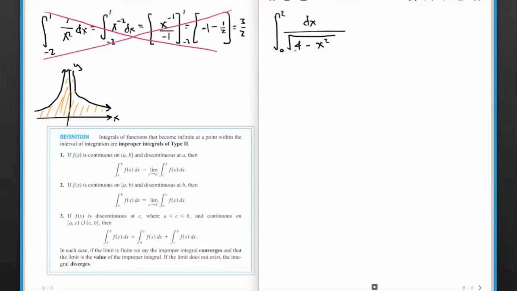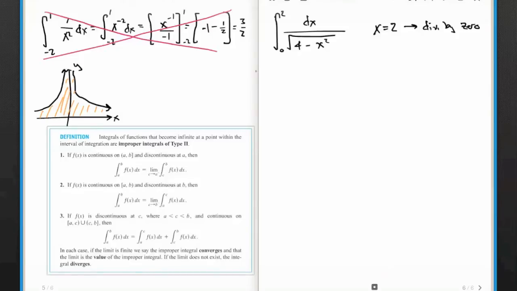I don't know, because we have to look at these limits. Are there any problems? Will I run into any division by 0 issues with this 4 minus x squared? Sure. Well, where x equals 2. So if x equals 2, that's going to lead to division by 0. All right, so this is one of these cases where the right end is going to give me an issue.